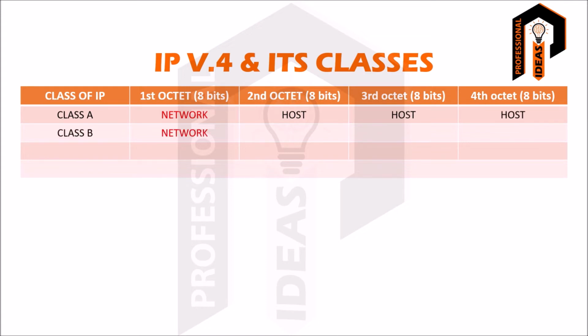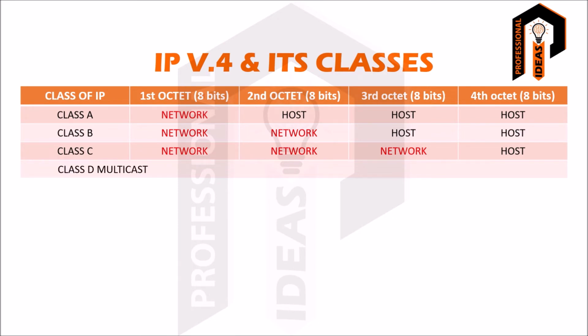In class B, the first and second octets are designated to the network portion while the third and fourth octets are designated to the host portion. In class C, the first, second and third octets are designated to the network portion while the fourth octet is designated to the host portion. Class D is reserved for multicasting. Class E is reserved for research.